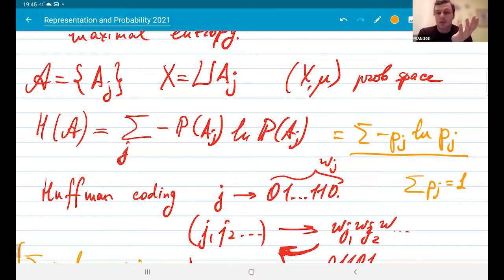Let's explain. So the answer is the following. The maximum is where all these things are equal to each other, and all PJs are just 1 over 100, or 1 over n for the corresponding n.